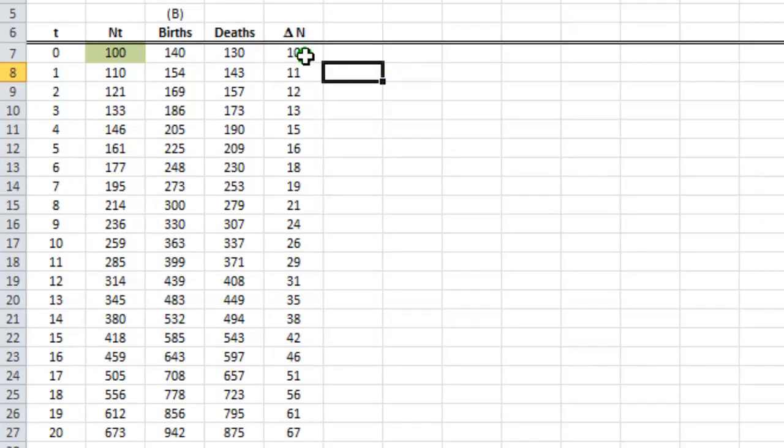You might notice that at the beginning of the time step we're adding 1 individual. But soon we start to add 2 individuals. And when we get down to the bottom, we start to add 5 individuals or 4 individuals. So the population change is smaller at the top of our series, and it gets larger towards the bottom of our series.